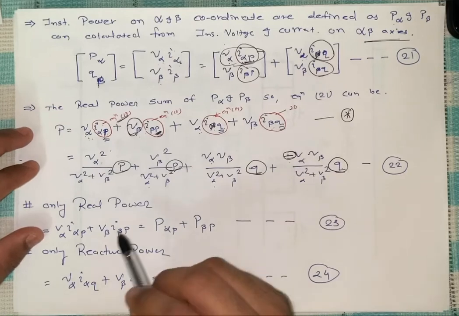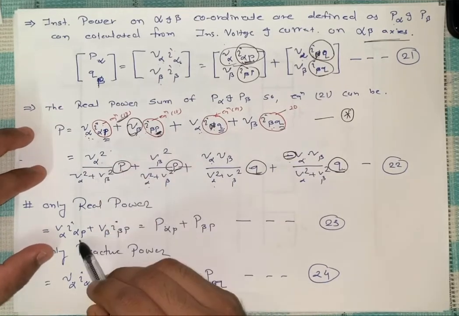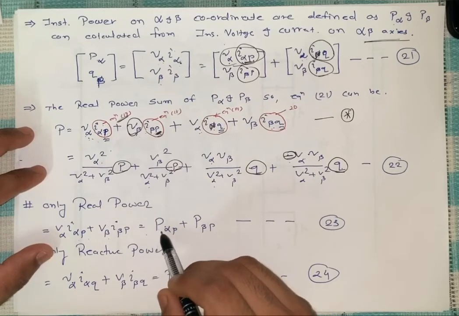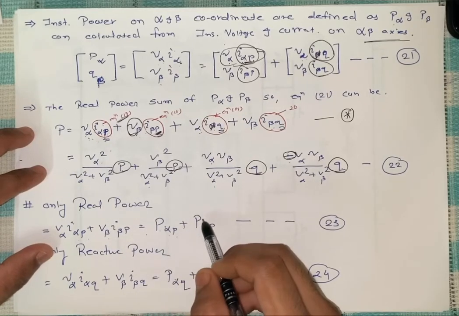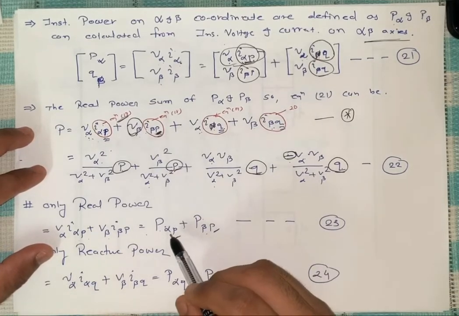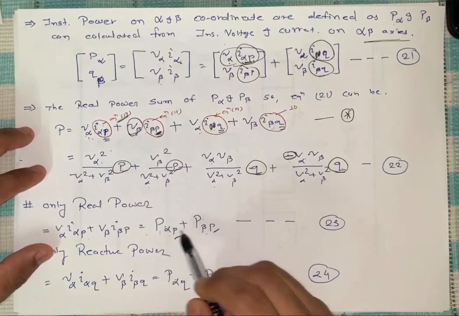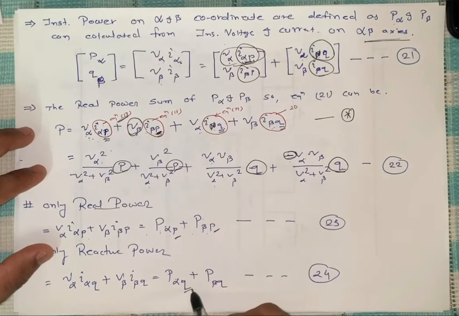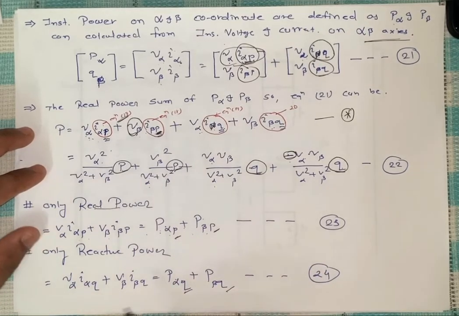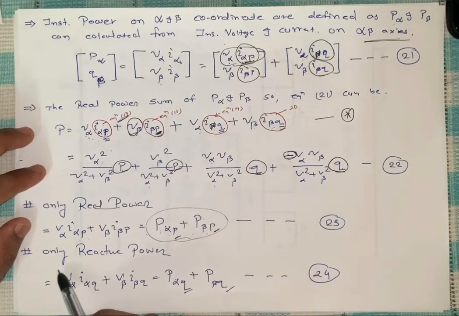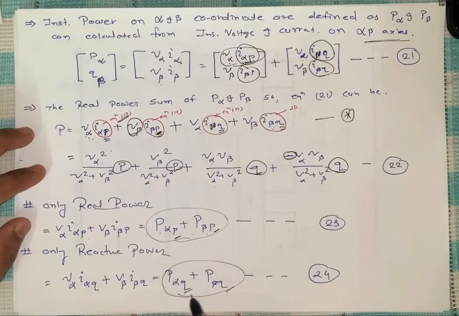So now only the real power, we can say V alpha I alpha P plus V beta into I beta P equals P alpha P plus P beta P. That is the active power on the alpha beta axes, and on the alpha beta side the reactive power is on both axes. So only the real power is written by this, and the reactive power is written by this, which is indicated by Q on both axes.